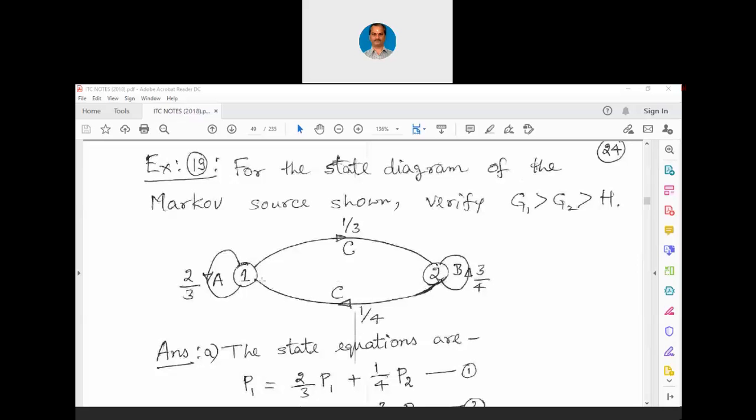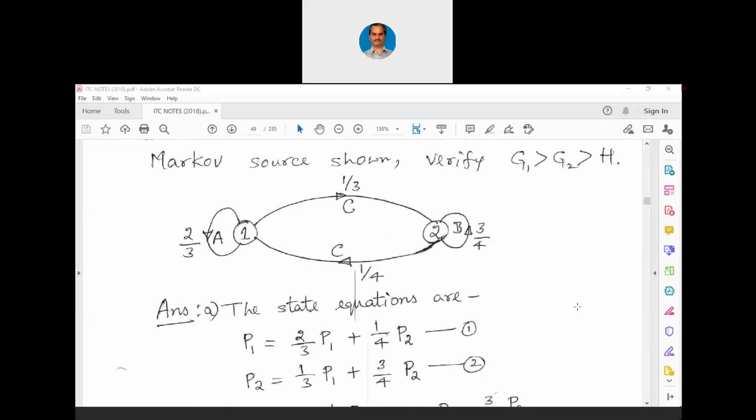Now, as the state probabilities are not given here, in general case we assume it to be 50%, half and half. If it is 3 states, we consider it as 1 by 3, 1 by 3, 1 by 3. But it is always a good idea to calculate the probability of the state using the state equations. So let us write the state equations here now.